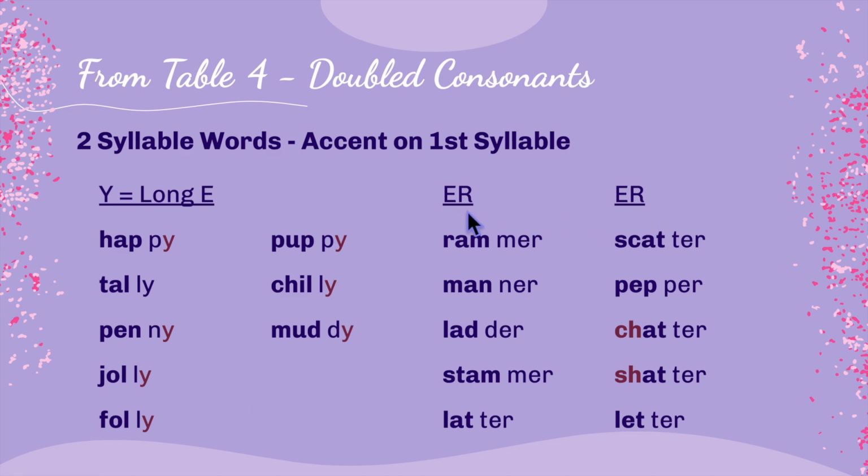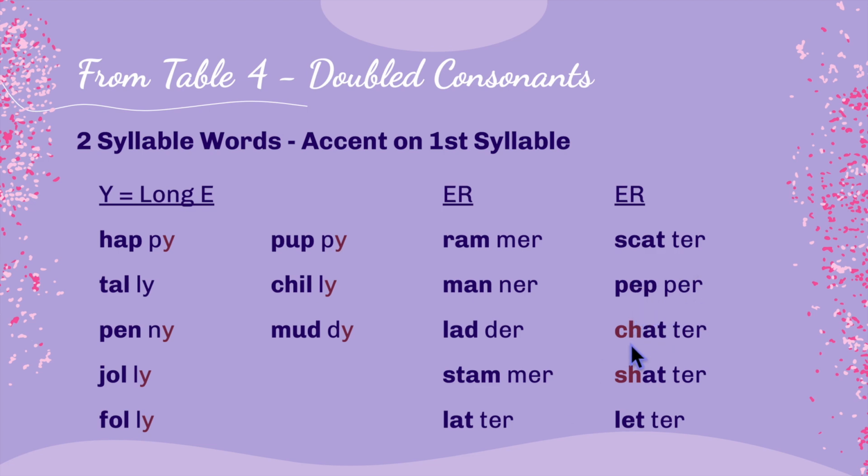All of these words end in ER, which has the sound of er. Again, these words all have a first syllable that is accented. Manner, ladder, stammer, latter, scatter, pepper.